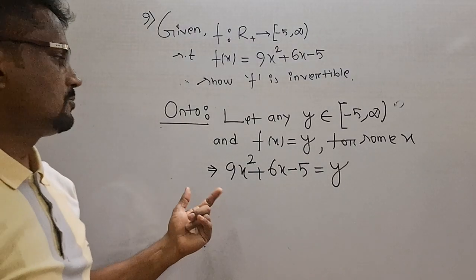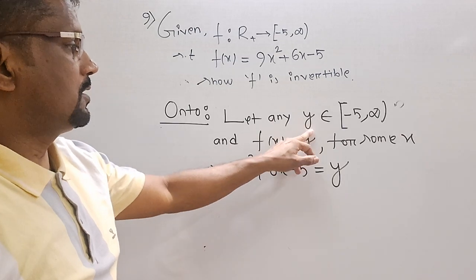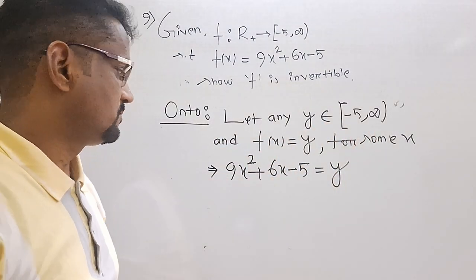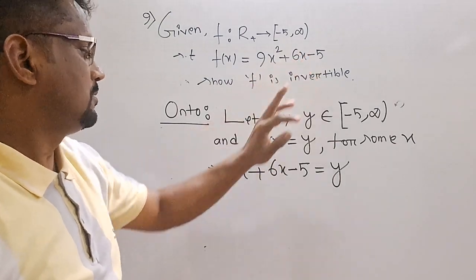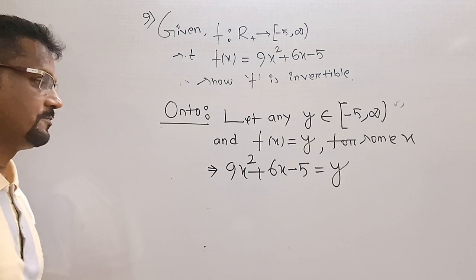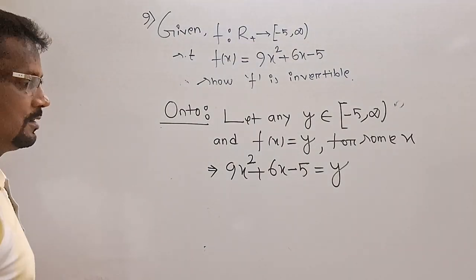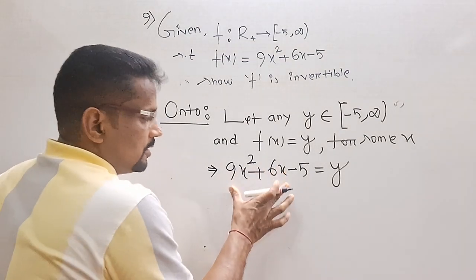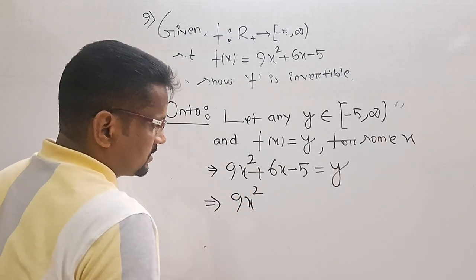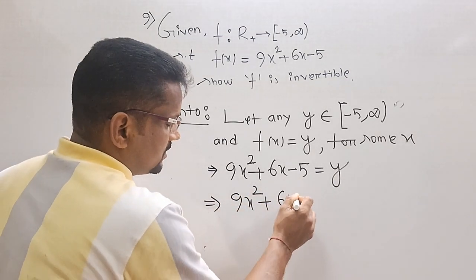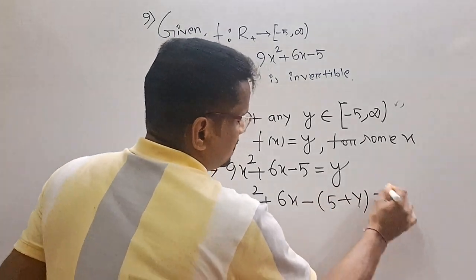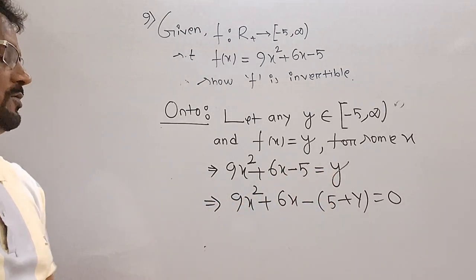So in order to show it's onto, we considered y in the codomain and f(x) equals y for some x we assumed. Then f(x) means 9x squared plus 6x minus 5, which is equal to y. Now in this case you have to consider it this way: 9x squared plus 6x minus 5 plus y equal to 0 if you transpose y to the left side.